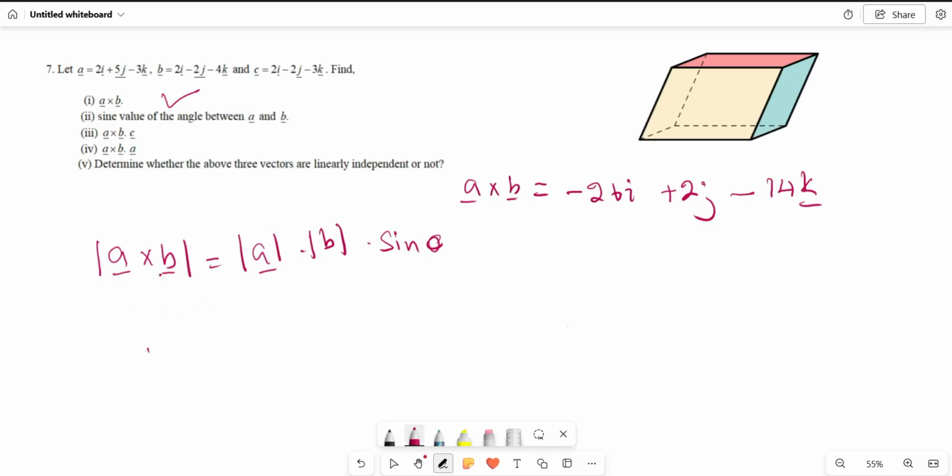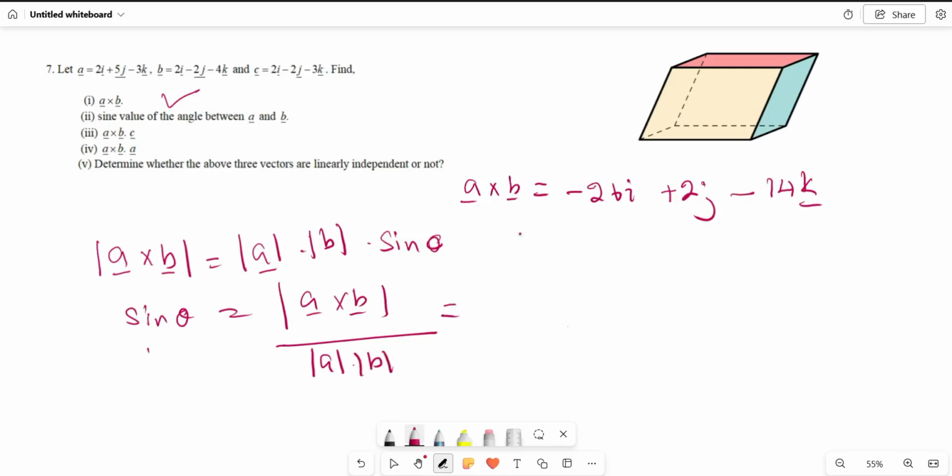Earlier, you know that A dot B is mod of A and mod of B, and it is cos theta. Here cross product means it is sine theta. So now sine theta you can obtain by A cross B magnitude divided by mod of A mod of B.